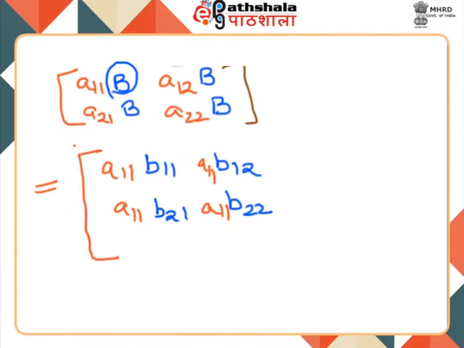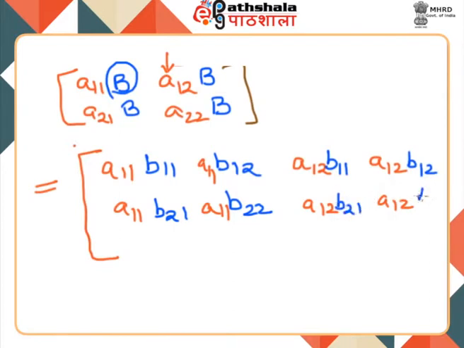Further, we take the next term, which is A12 into matrix B, and it is expanded as A12 multiplied by B11, B12, B21 and B22.